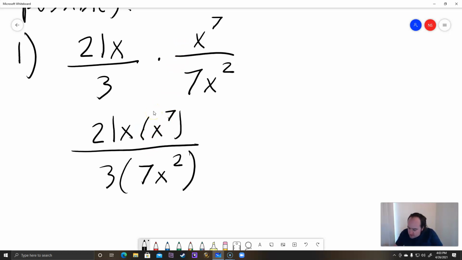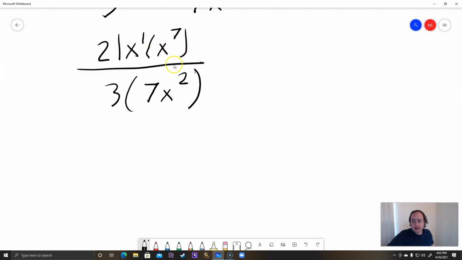The reason that's true is the rule of exponents. Remember, if you're multiplying exponentials with the same base, you add the exponents. So on the top we have x to the 1 times x to the 7, which is going to be x to the 1 plus 7.